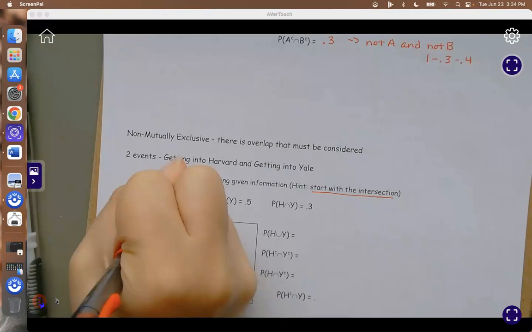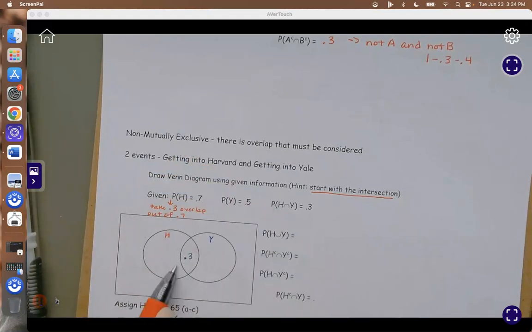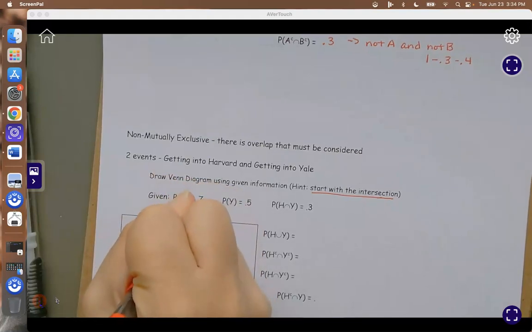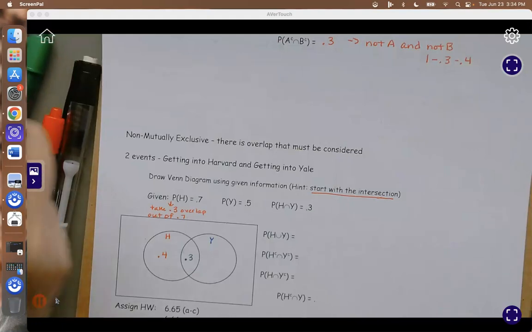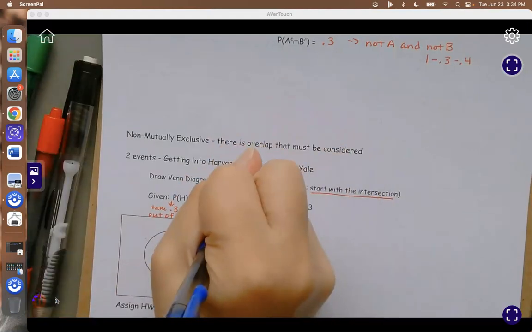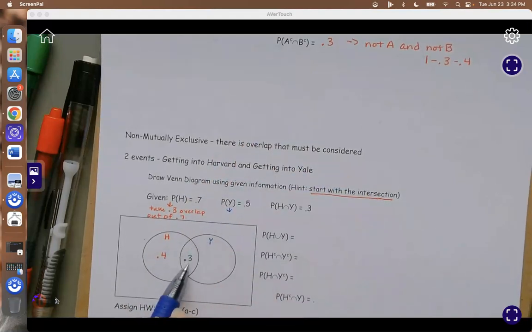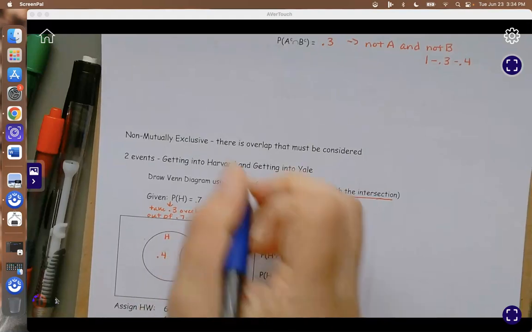Out of 0.7. So when I take the 0.3 out of the 0.7, 7 minus 3 is 4. So that's what I have there. Now for Yale, it's 0.5. Same thing has to happen. This whole circle is 0.5, so I've got 0.3 of it. So that means I have 0.2 left.